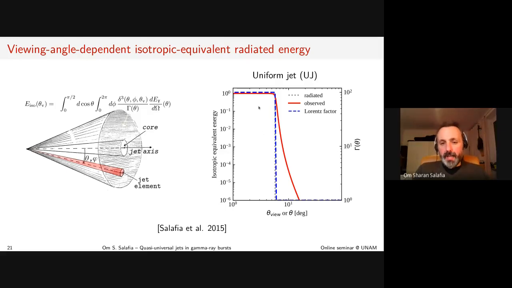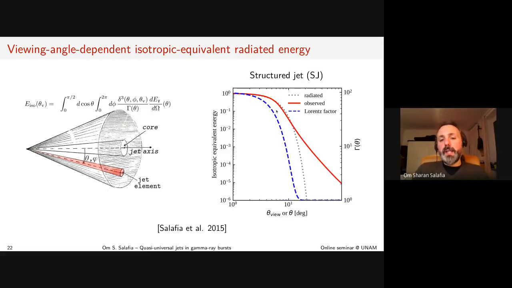And what you get is that even in the case of a uniform distribution of energy per unit solid angle, like the one which is shown in this figure in gray and blue, off-axis you have a smooth decay of the observed isotropic equivalent energy.